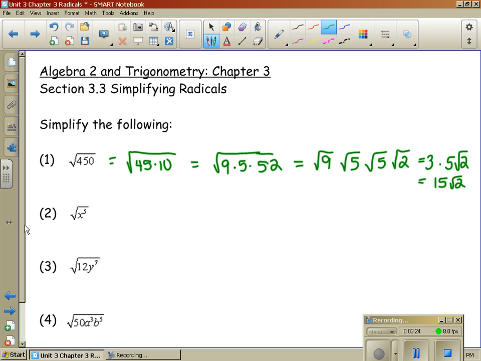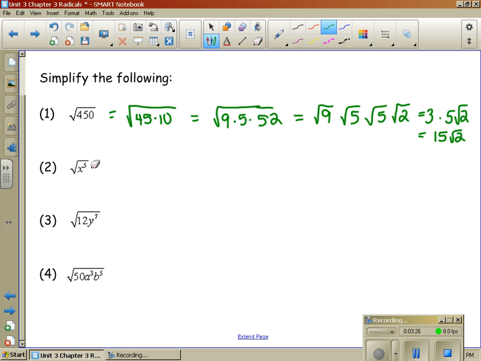When we're doing it with variables, again, think about what square root means, that we're grouping them in groups of 2. So x to the 5th power is x times x times x times x times x, 5 x's. Grouping them in groups of 2.